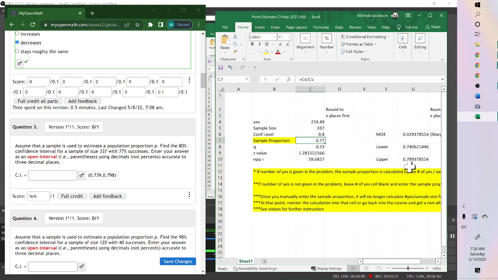Now sometimes notice they're off a little bit. If I change this to 260, some of these will be off. Notice now we're getting the value when I change this to 259, but our sample proportion is a little different.